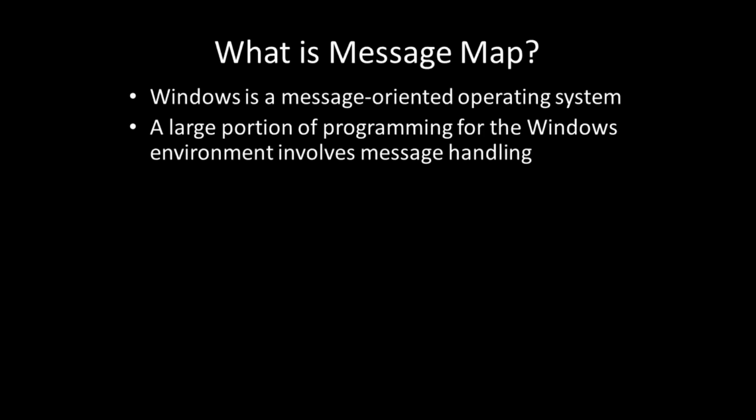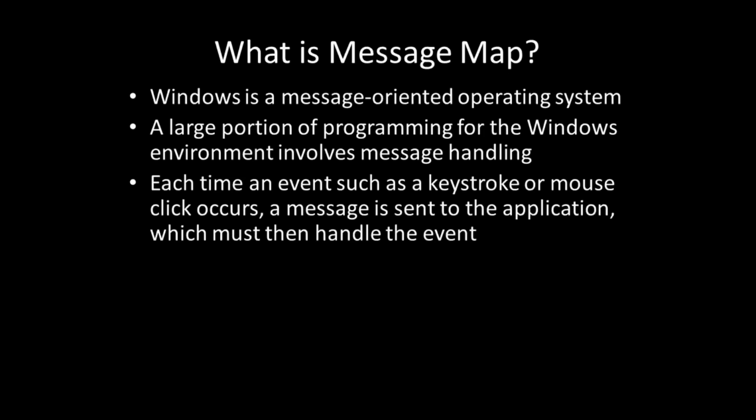When we say programming for Windows, basically we are handling messages which are sent from the OS, from your application, or from other applications to your application. Each time an event such as a keystroke or a mouse click occurs, a message is sent to the application, which must then handle the event.